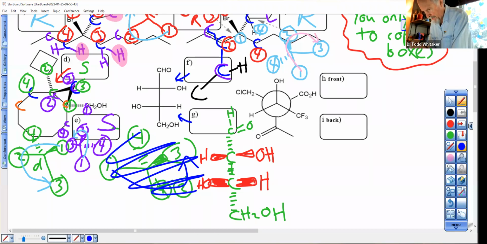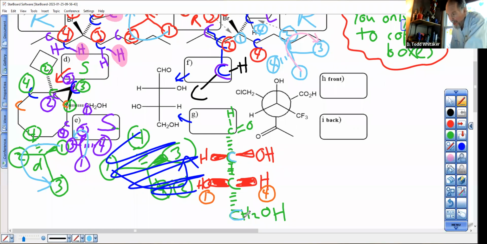And we got orange doing the bottom stereo center. Do you agree the lightest atom is hydrogen? I sure hope you agree. Now, when we go up here, a C ties a C. I think you know which C wins.